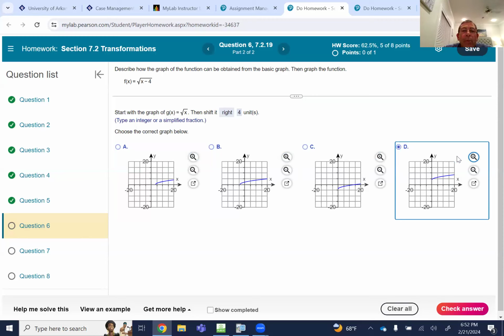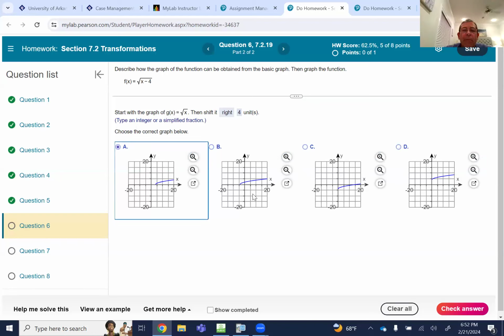So which one went up first? A, B, C, or D? And I think I heard it. A. A went right forward. Looks like B went left, C went down, and D went up.